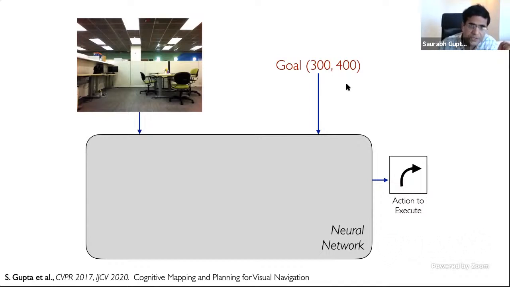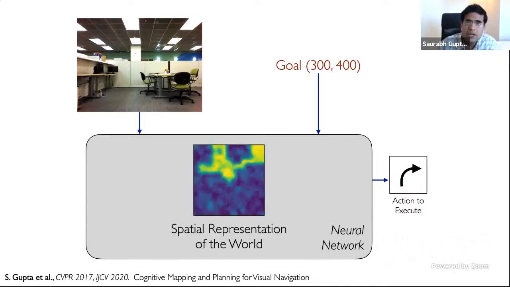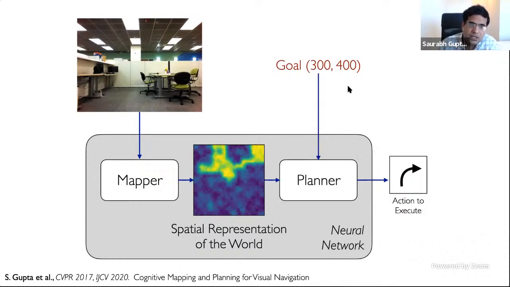Now, these neural network policies will over time be building a spatial representation of the world. In fact, they will use a mapping module to build this representation. And then on top of this representation, we'll use a planner which takes in the representation along with the goal specification to output actions that the robot should take.